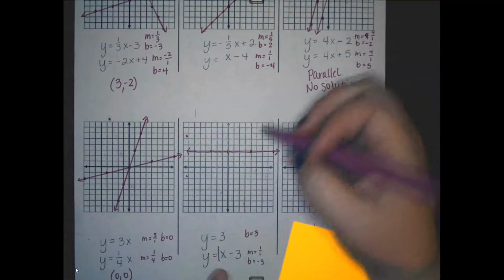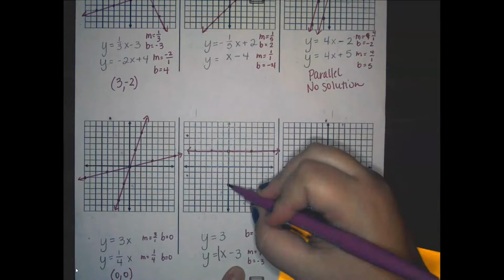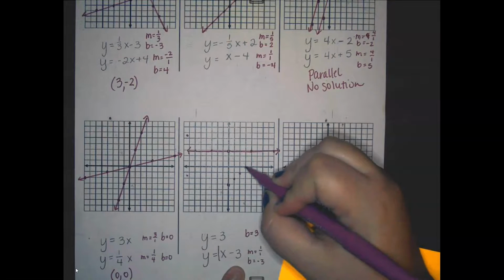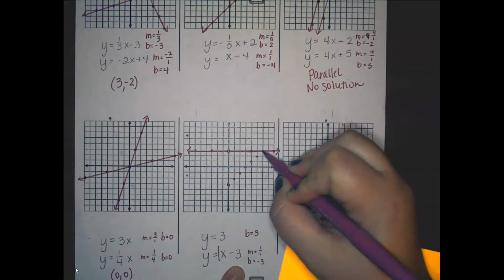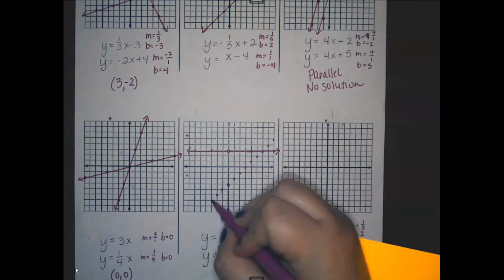And our next one has a y-intercept of -3 and a slope of 1/1, which is a movement of 1 up, 1 to the right. I am going to be asking for that movement. Movement is up and down and then left or right.